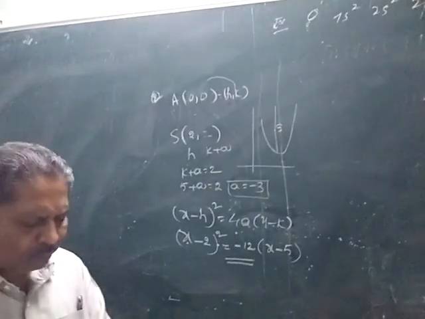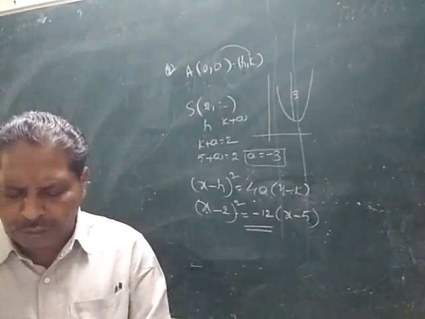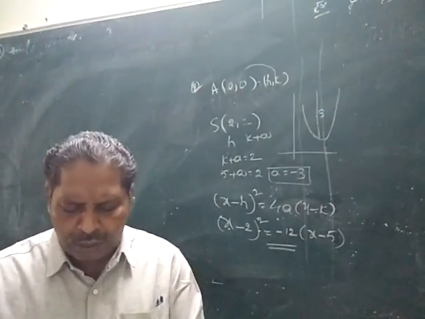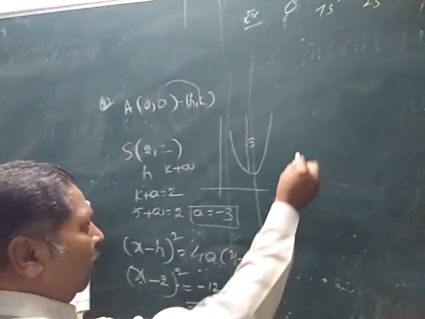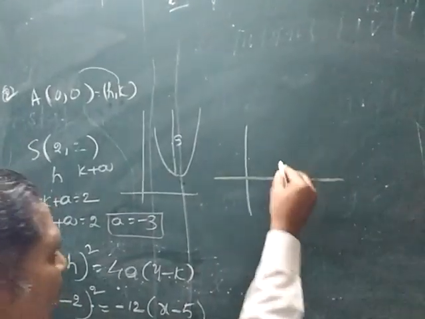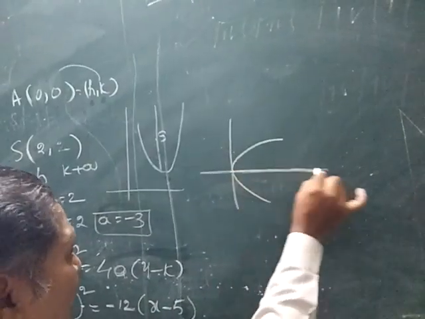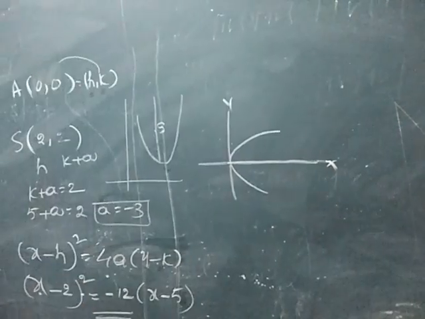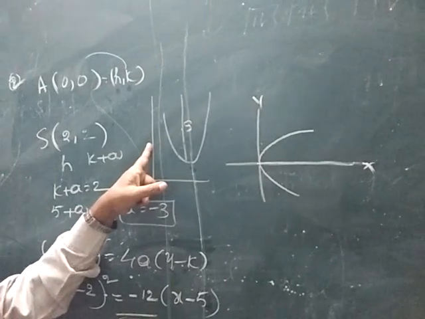Vertex (0, 0). The axis is along the x-axis. If the axis line is parallel to the y-axis it is the other form.